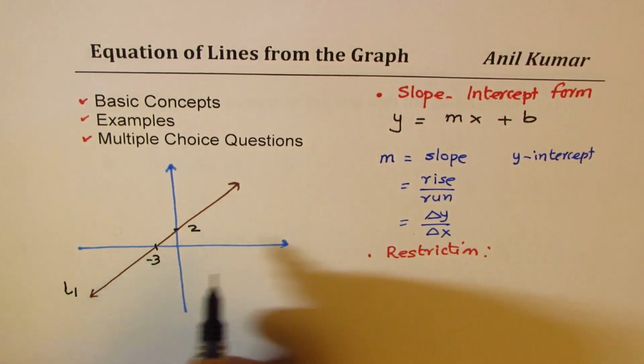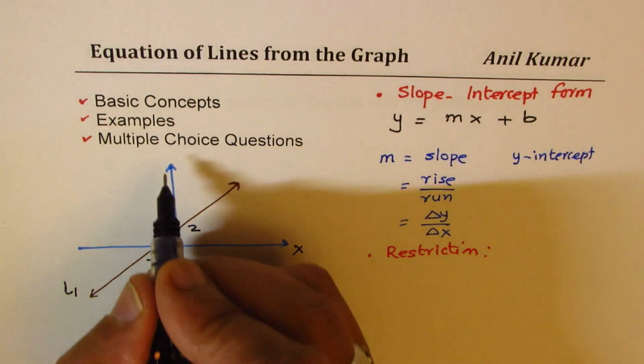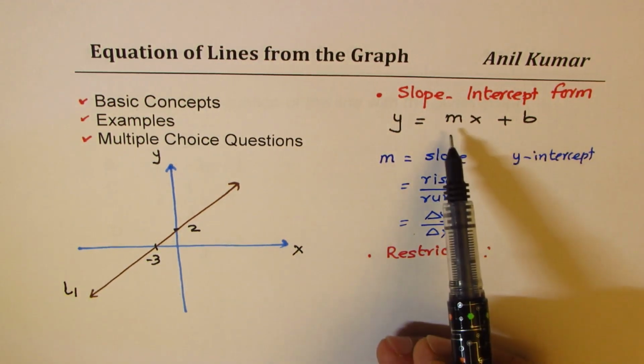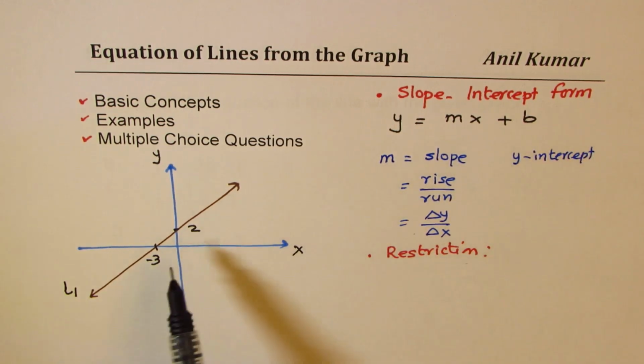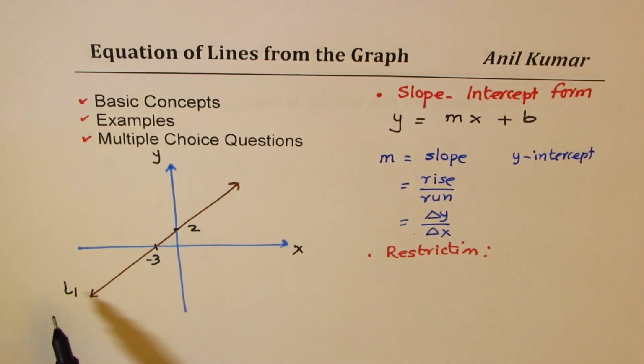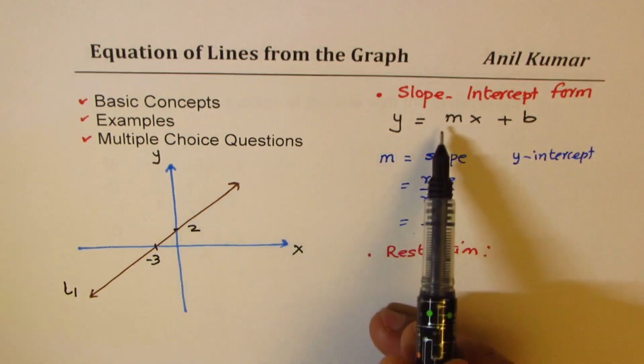Now you need to write equation of this line where x-intercept is minus 3 and y-intercept is 2. How will you write it? Well, in that form, we know b is 2. The y-intercept is wherever the line crosses the y-axis, right? So we know what b is. B is 2.